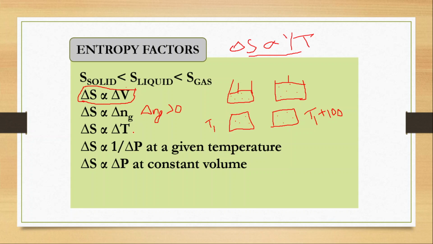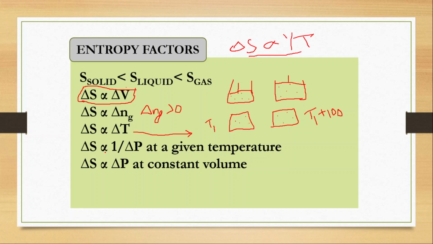Now the condition is that both systems are at the same temperature T1, and now we are changing the temperature. The first system's temperature remains as it is. The second system's temperature we are increasing. When you increase the temperature, randomness also increases with the increase in kinetic energy of the gas molecules. So delta S is directly proportional to change in temperature.